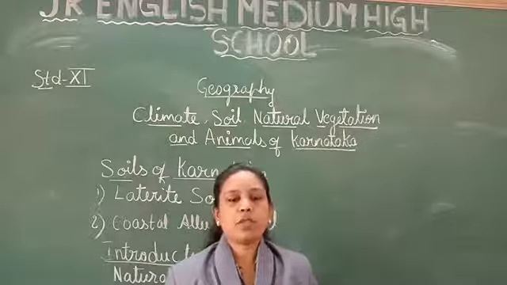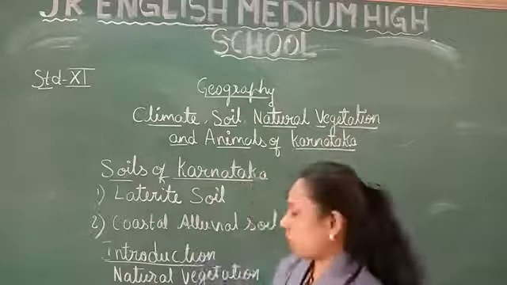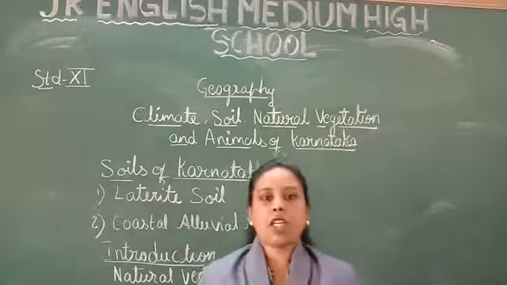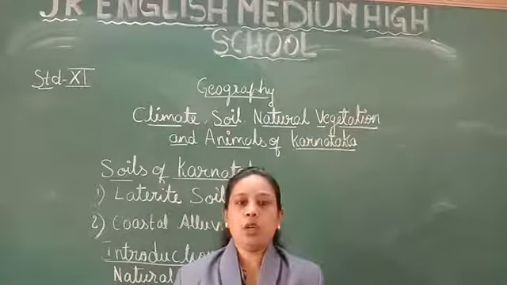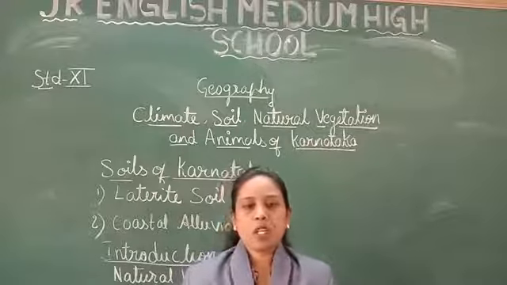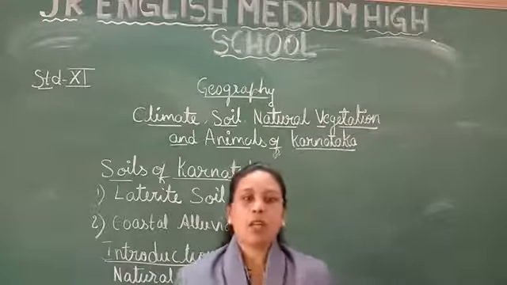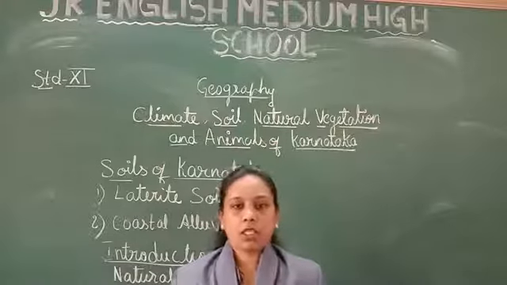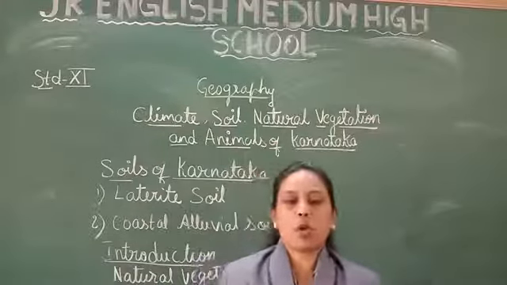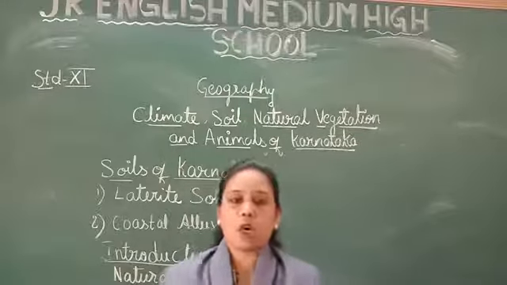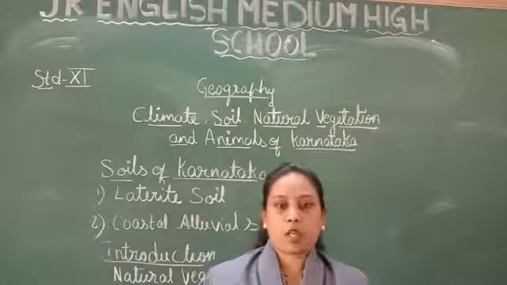This rock is used for construction purposes. The crops cultivated in this soil are cashew, coffee, tea, cardamom. Cardamom is what? Elaichi. Also pepper, rubber, coconut and other commercial crops. Do you know what we mean by commercial crops, like cotton, sugar cane and all?